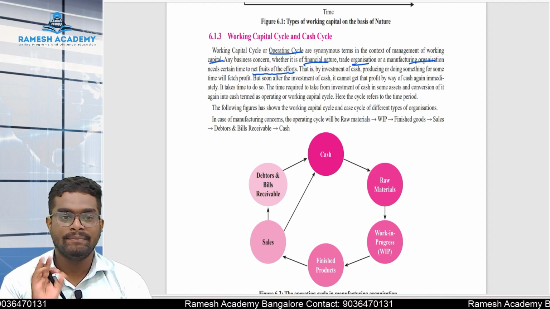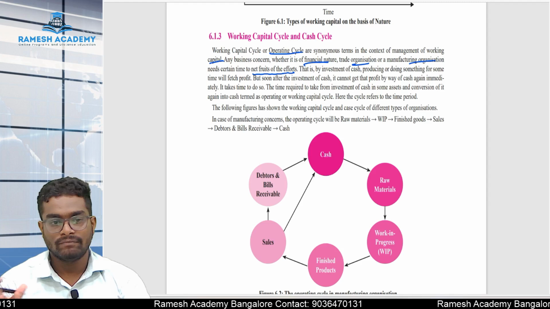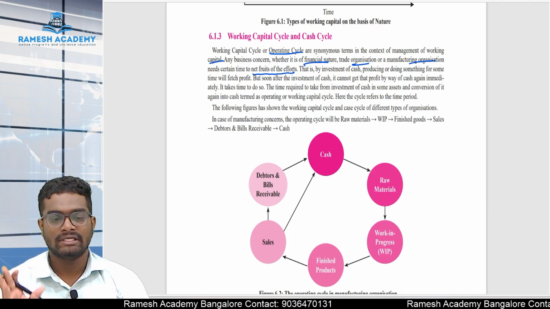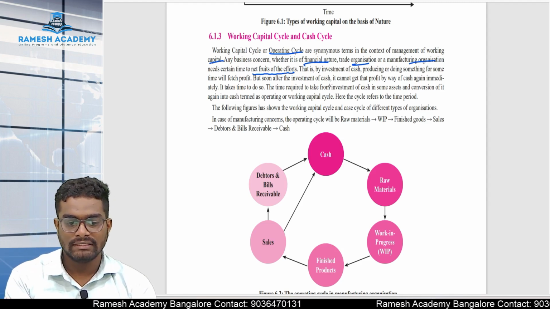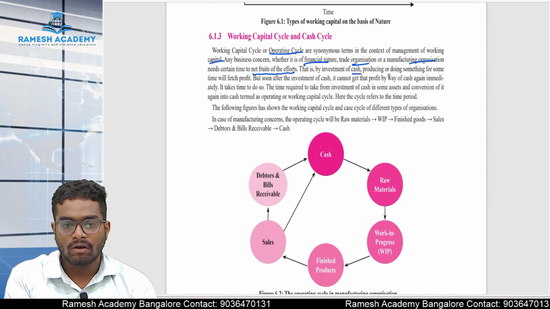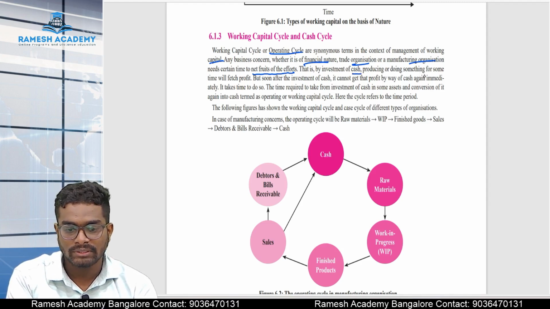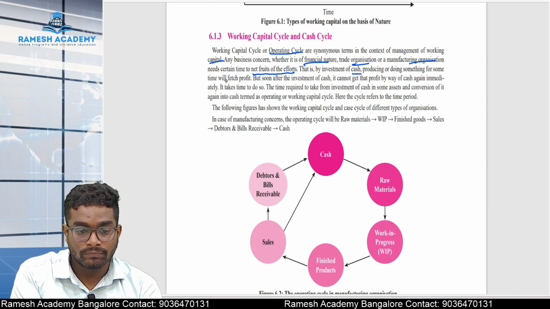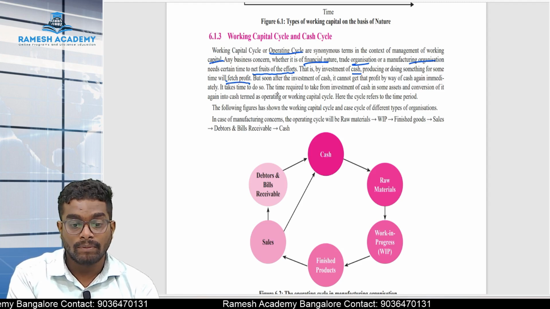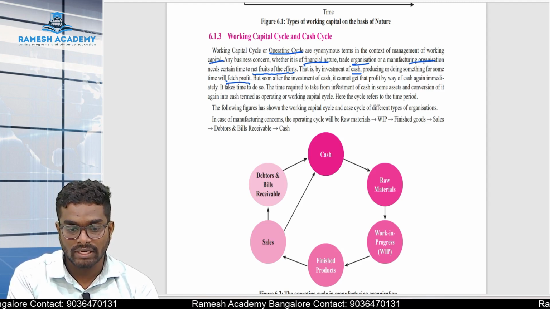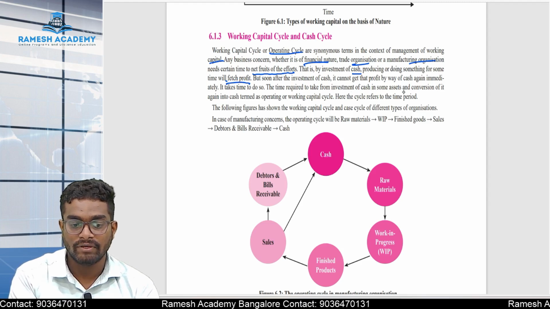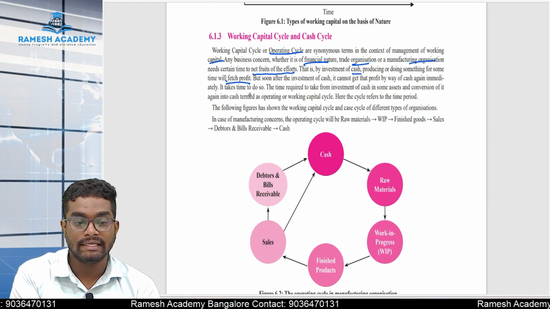You will not get the return immediately. You have to wait for a certain period of time, by investing cash or producing or doing something for some time to fetch profit. But soon after the investment of cash, it cannot get that profit by way of cash again immediately. It takes time to do so.